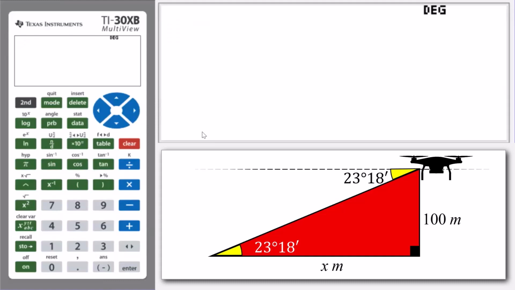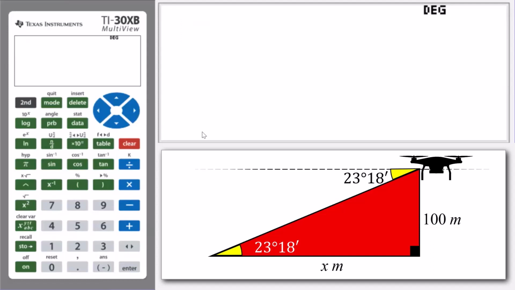So we've drawn our diagram as shown. Now we label the diagram, and we've done that nicely. And we now look at what trig ratio we should be using. And we're going to use the TOA bit, that the required trig ratio is tan. Tan is the opposite side length divided by the adjacent side length.